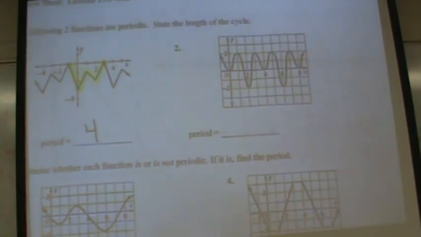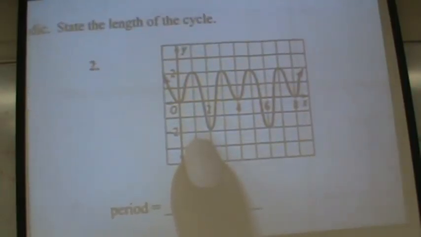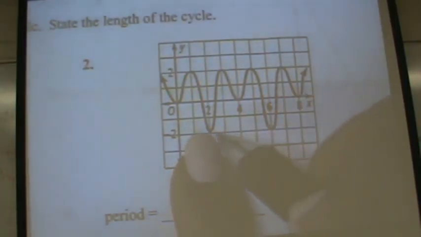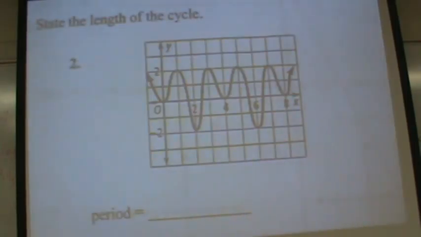How about the next one? That is also 4. Well, how did you figure that one out? I went from the bottom here to the bottom here. Did anyone else do that? That's how I did it.